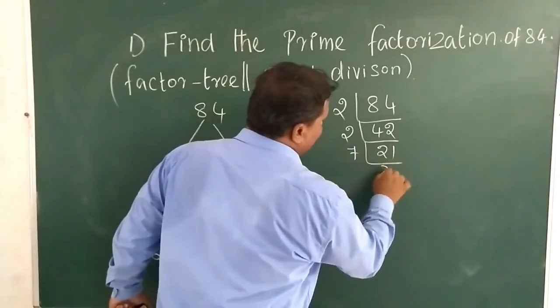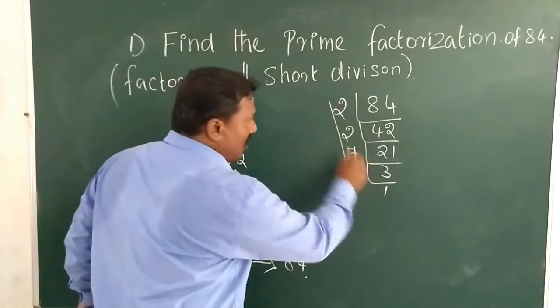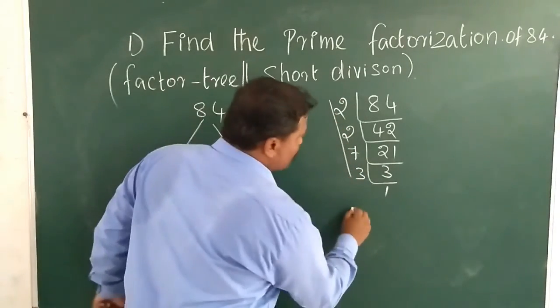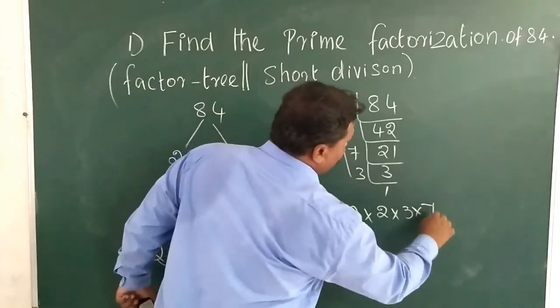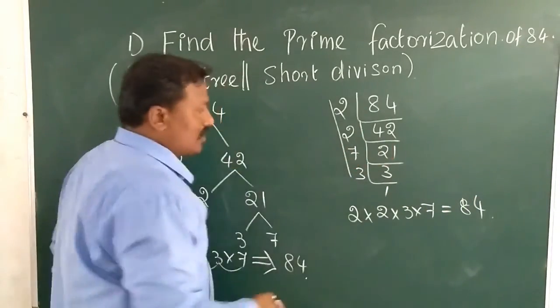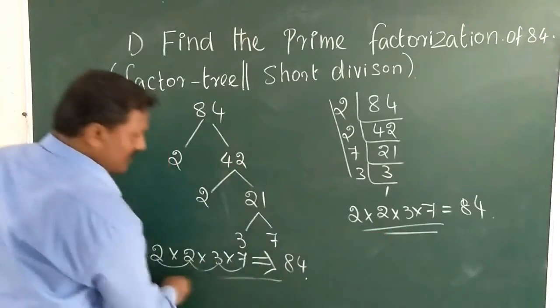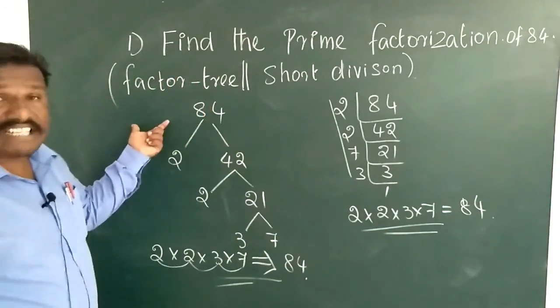Then 7 3s are 21. 3 1s are 3. If you collect all the factors, only this area. So 2 into 2 into 3 into 7 is equal to 84. So both give the same answer. This is the short division method. This is the factor tree method.